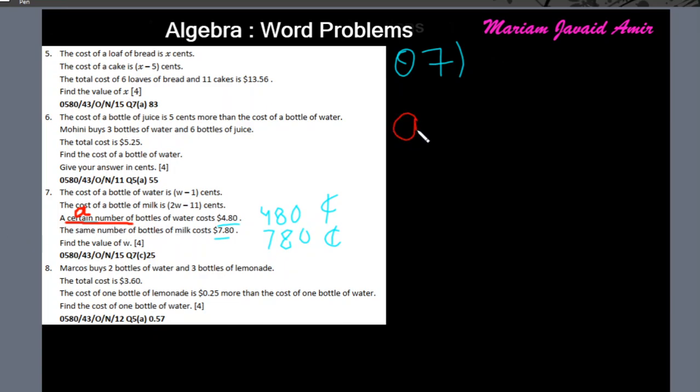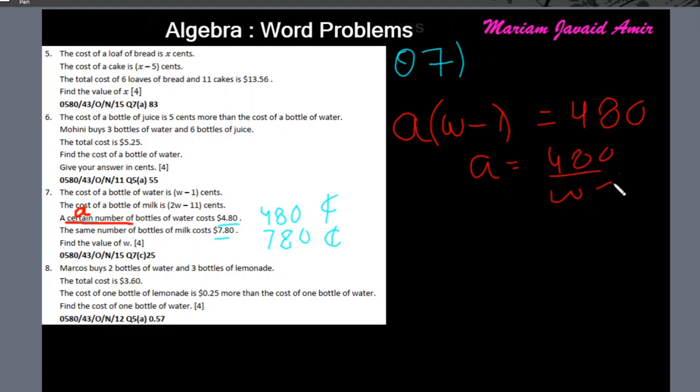So A times the cost of one water bottle, W minus 1, equals 480. Let's make A the subject, so 480 over W minus 1.